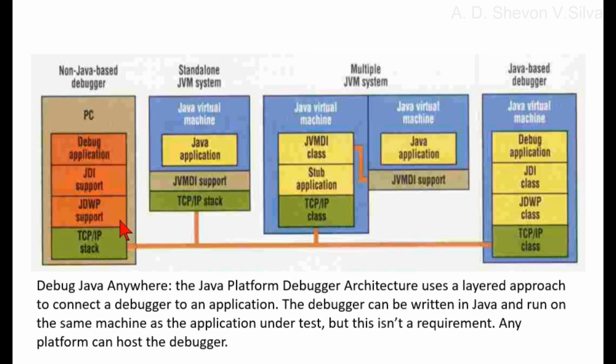JVMDI tells a Java Virtual Machine, JVM, vendor how to implement the debugger interface to the JVM.